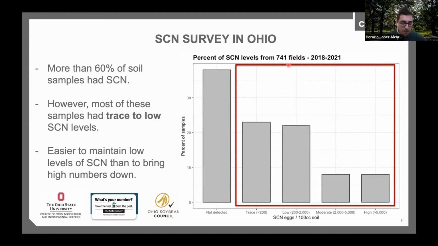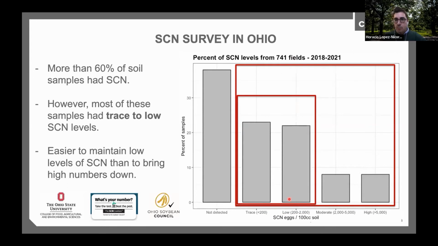Now, such negative news, I want to always follow by a positive result, and that is that of those samples that had soybean cyst nematode, fortunately, most of them had very low levels of SCN.